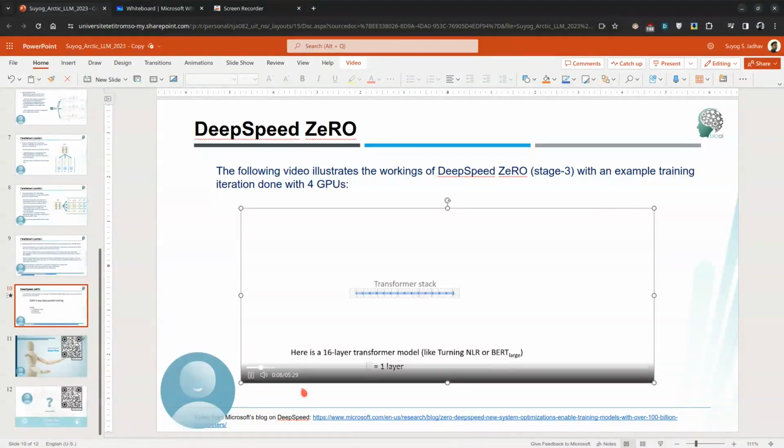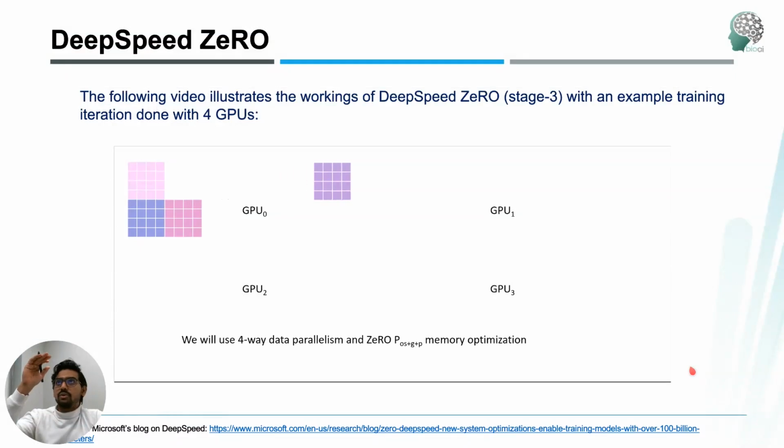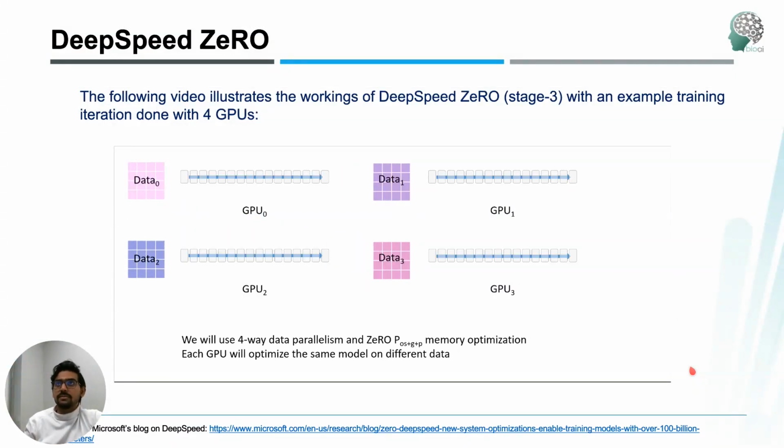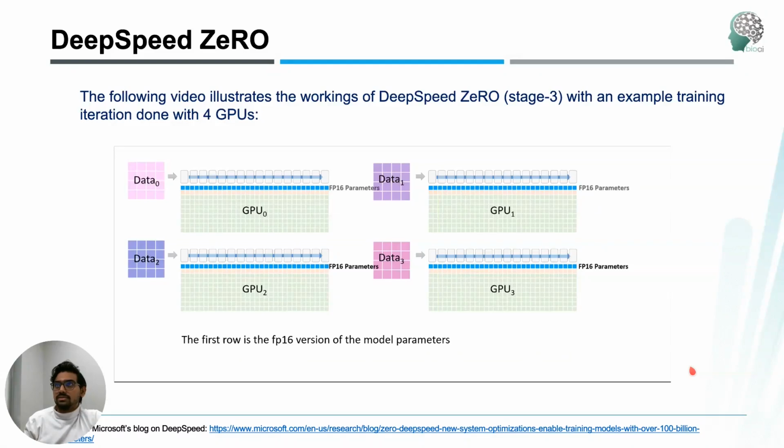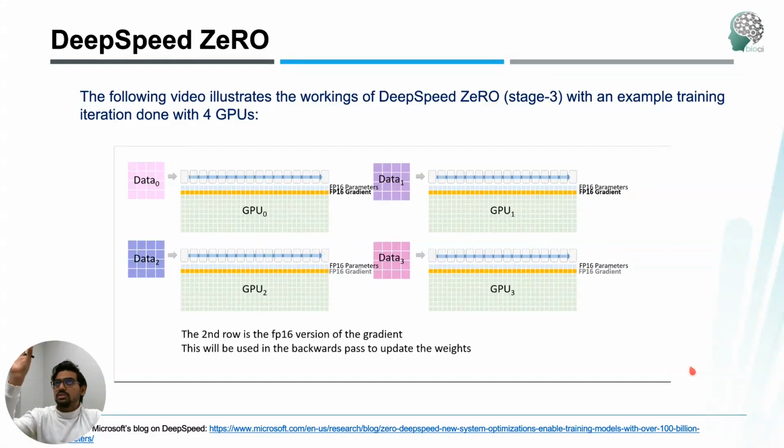So it shows an example transformer model and a training dataset. It will be split on multiple GPUs, so you're still getting some data parallelization. And it says stage 3 at the top, but we'll explain what that means later on. First row, that block of memory is now assigned for parameters.